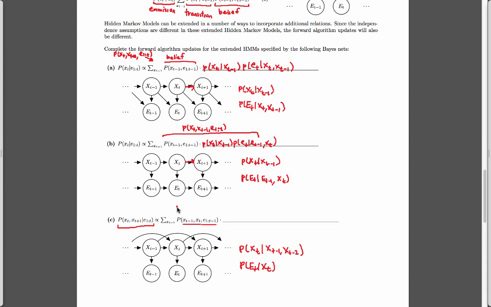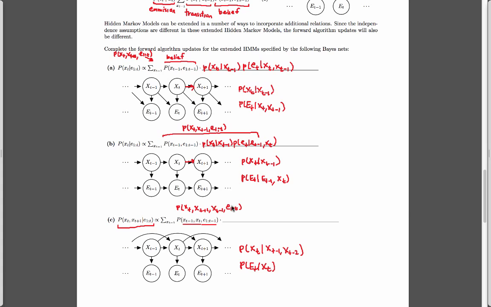So inside the sum, we want something that is equal to xt, xt plus 1, and xt minus 1, as well as all of the evidence, so that when we marginalize out xt minus 1, we get the probability of xt, xt plus 1, and E1 through t, which is proportional to the probability of xt and xt plus 1 given E1 through t.